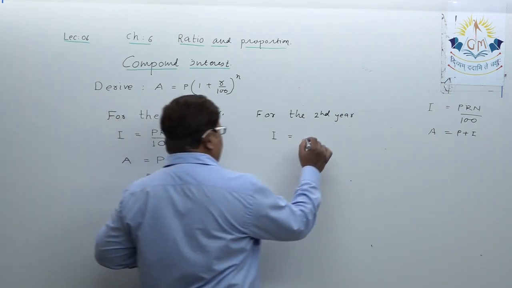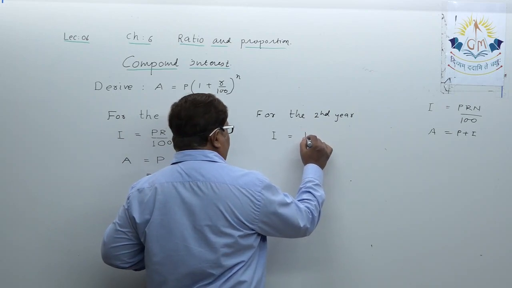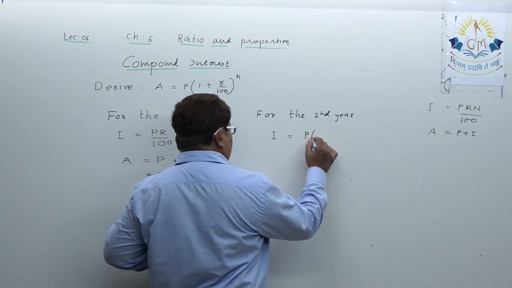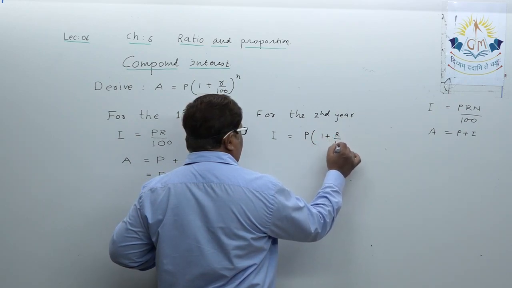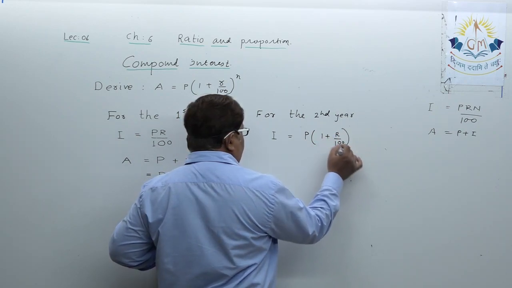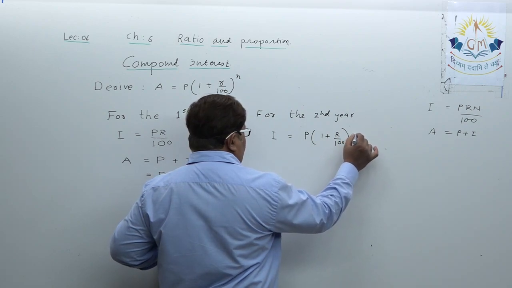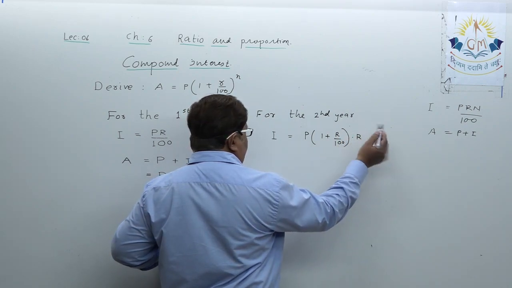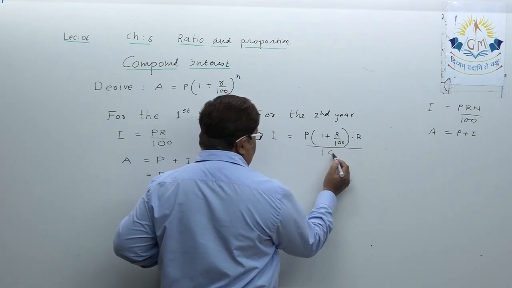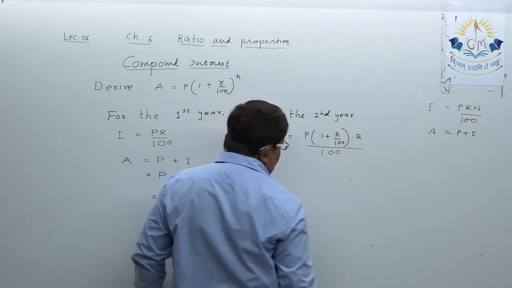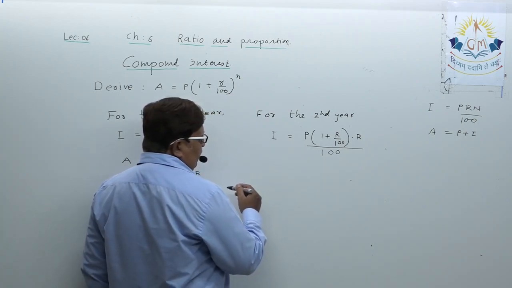Try to understand, dear student. P into 1 plus R upon 100. This is P into R, n equals 1, upon 100. Is it clear in your mind?